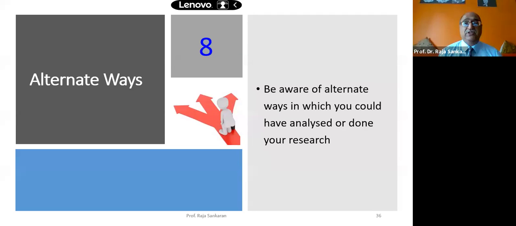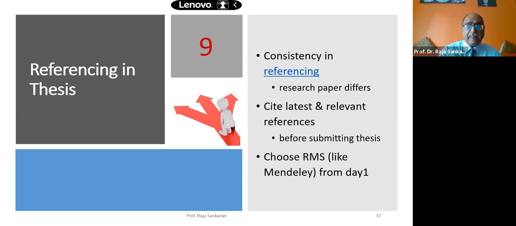If you've used a particular conceptual model or you have derived from a particular conceptual model, you need to understand what the alternate models available are. You need to compare and contrast and come up with a rationale of why you have used a specific model, how relevant it is in your study and in the context of your study. So be familiar with all the alternate ways.